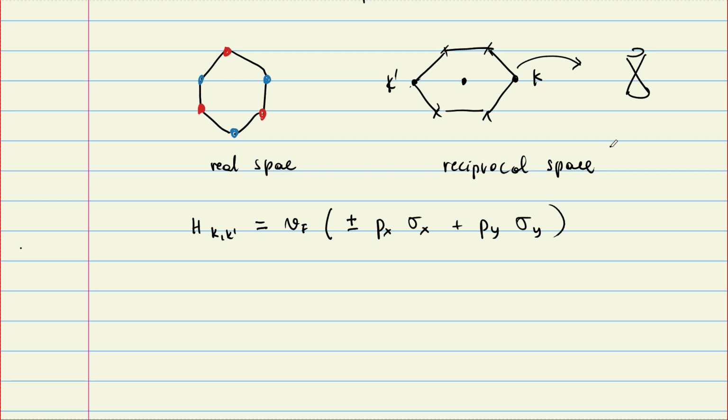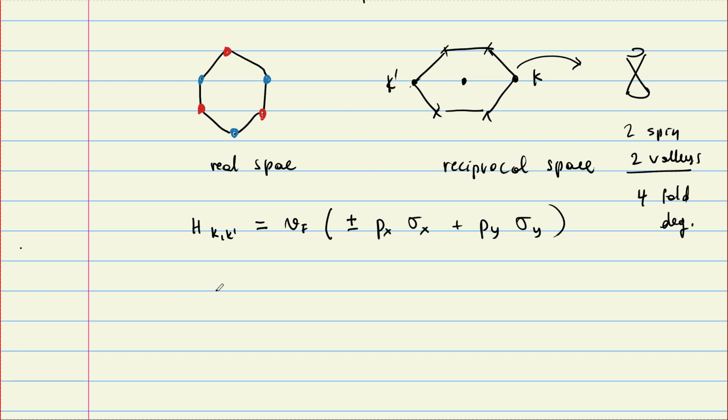Each valley comes with 2 spins and 2 valleys. In total we have 4-fold degeneracy, which will be important later when we see the quantum Hall plateaus in this material.